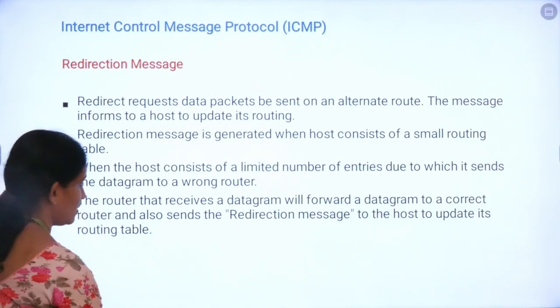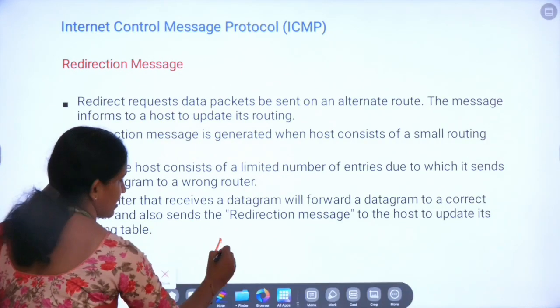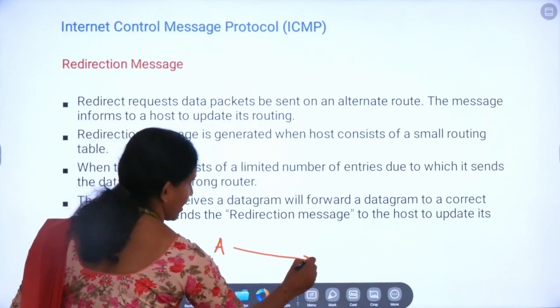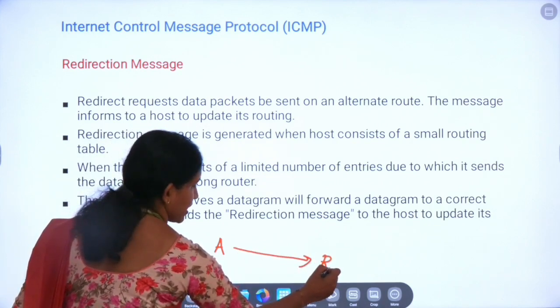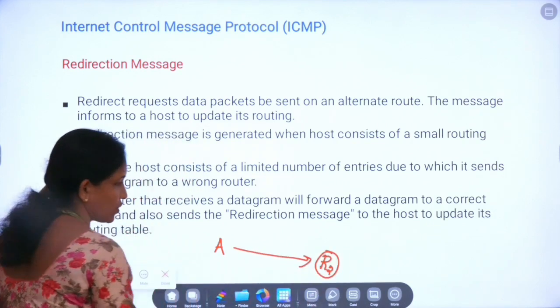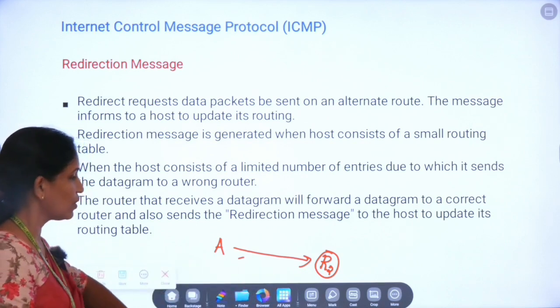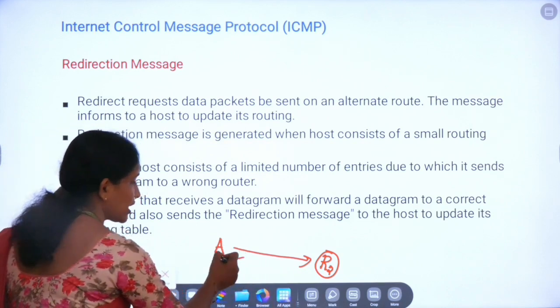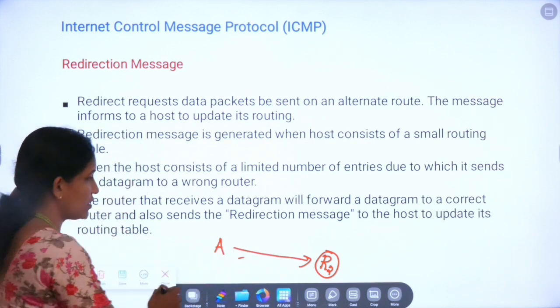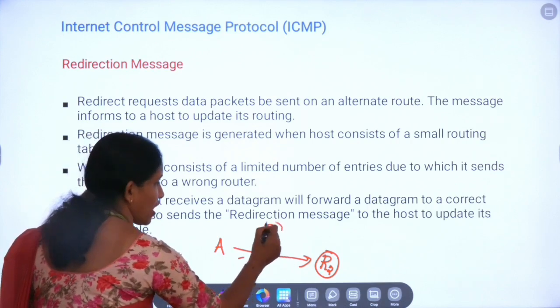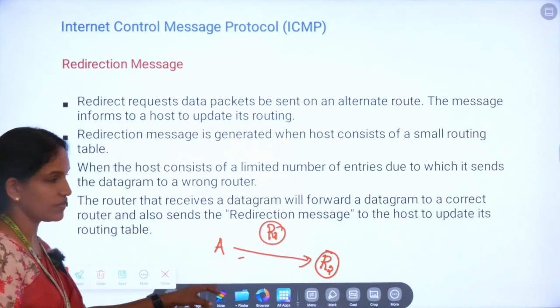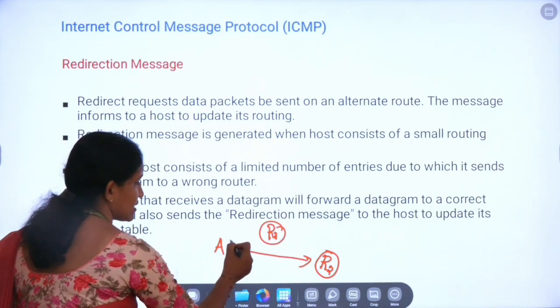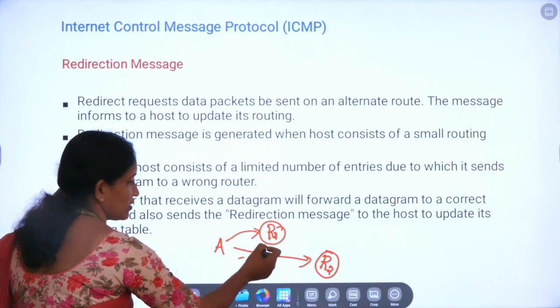So for example, sender A wants to send a message to a router named R2. According to the sender's table, there is a route via R1, so it will send the packet to R1.